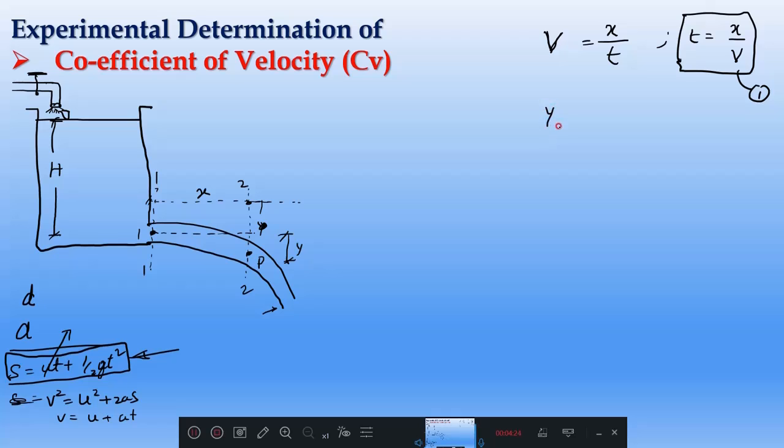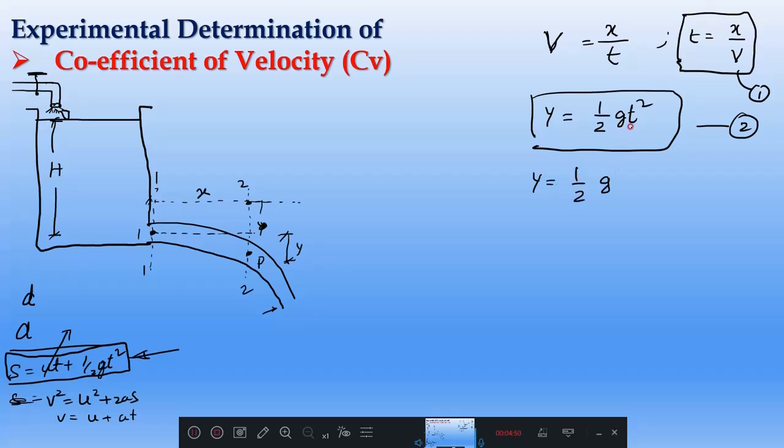Y is the distance traveled by the particle in the vertical direction, and that is equal to half into g t square. Now I will call this equation number 2. Now I have an equation for x and an equation for y, the first equation modified in terms of t, and the second equation as it is. Then y is equal to half into g into this t.